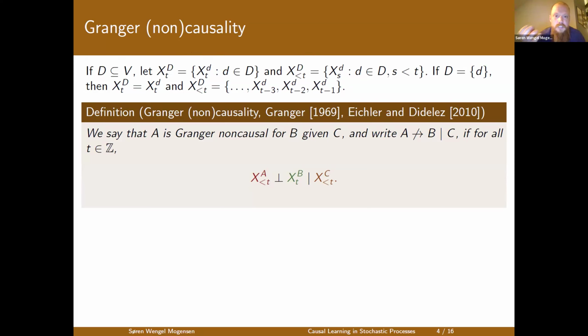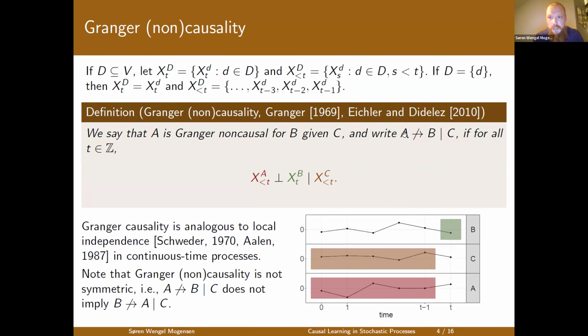The important thing here is that we'll just use it as people have been using conditional independence in the classical case. So we'll just think of it as a ternary independence relation. So I take 3 subsets of V, so 3 sets of coordinate processes A, B, and C, and I say that A is Granger causal for B given C if I have this conditional independence.